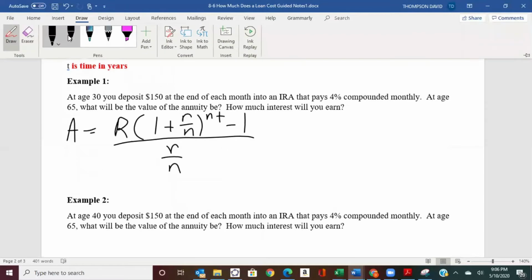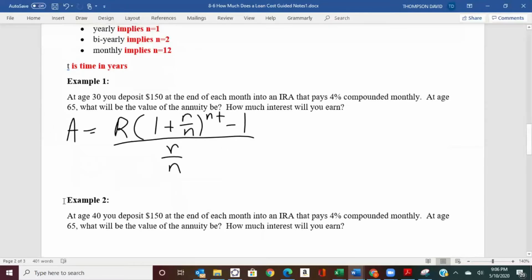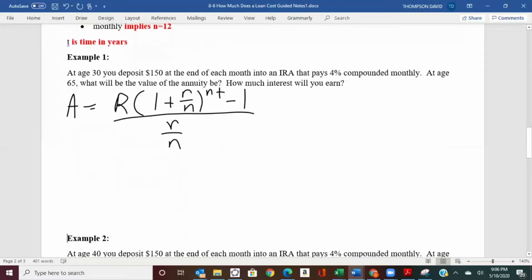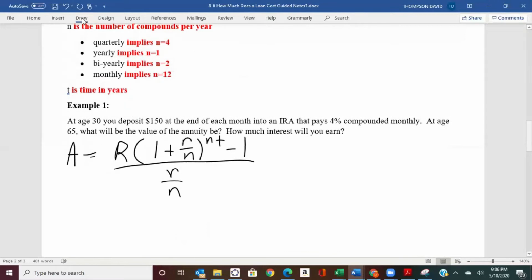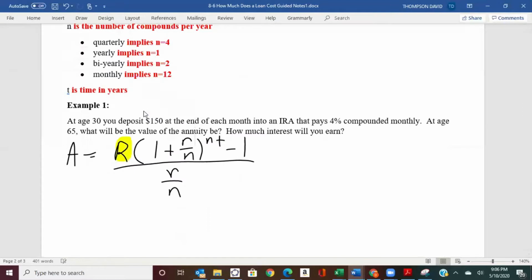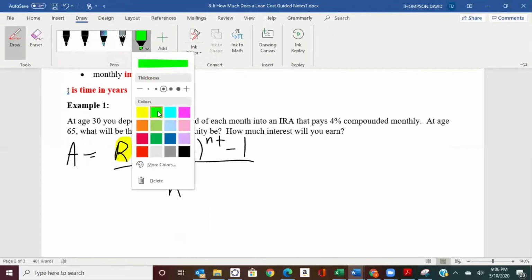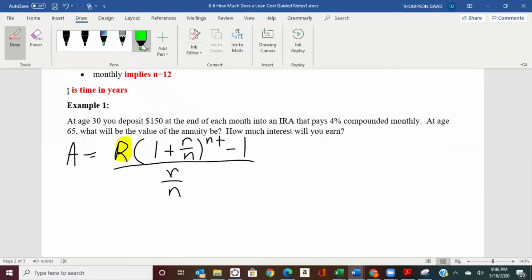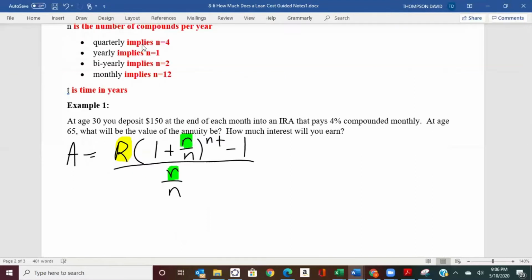So let's do R in yellow. The big R is yellow. Let's differentiate. The little r we'll do in green, which is 4%.